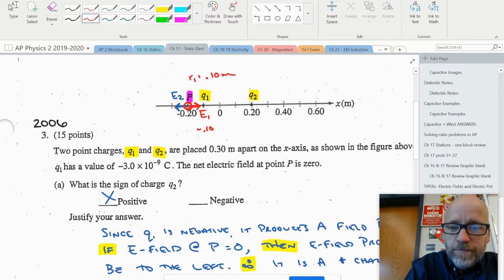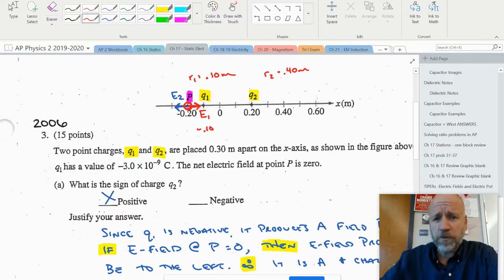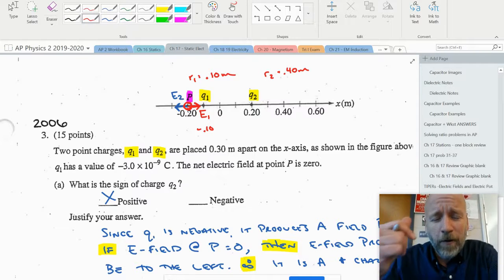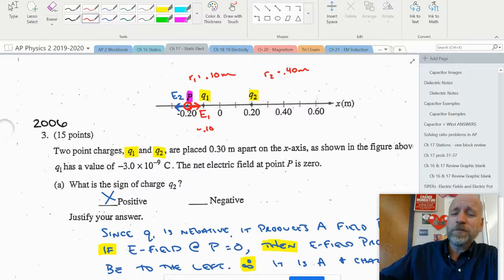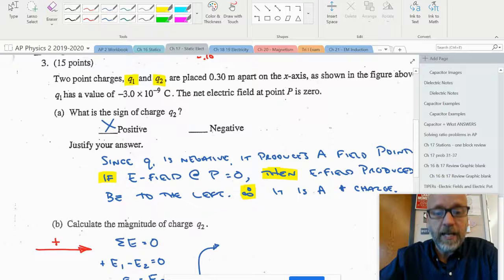R2, you see it? R2 is going to be 0.4 meters. Now, here's the thing. I know that many of you are much smarter than I am, and you saw that right away. Doesn't it feel good to be smarter? The rest of you, you're like me. Next.